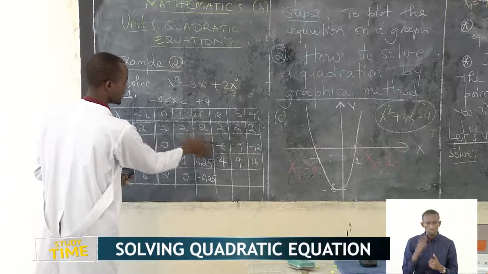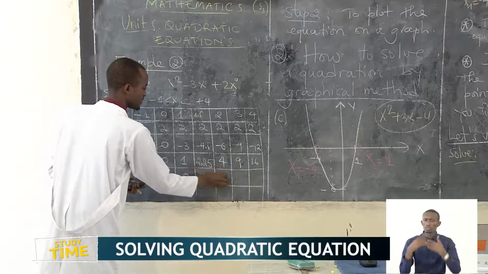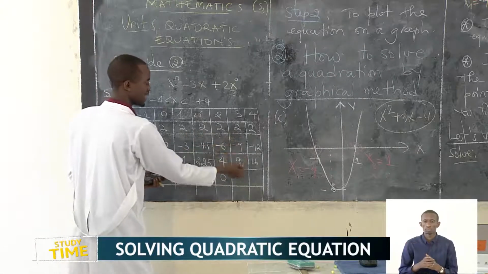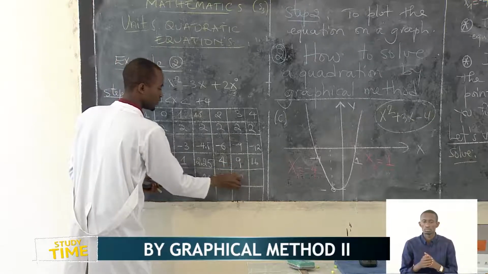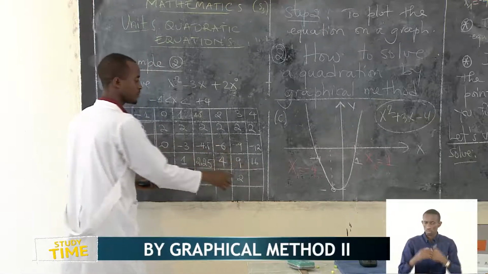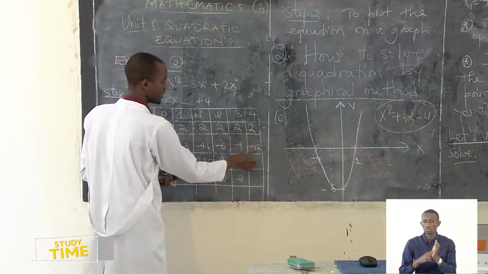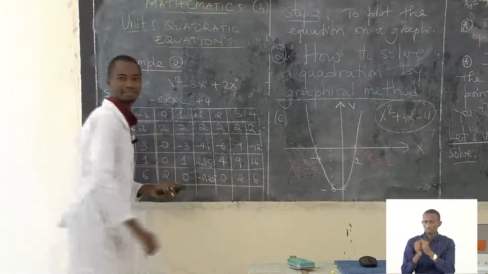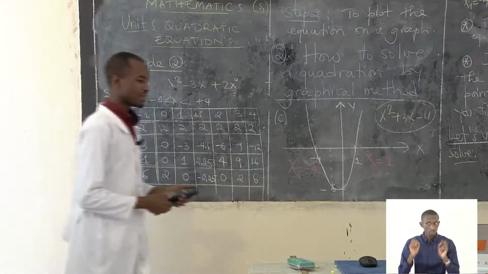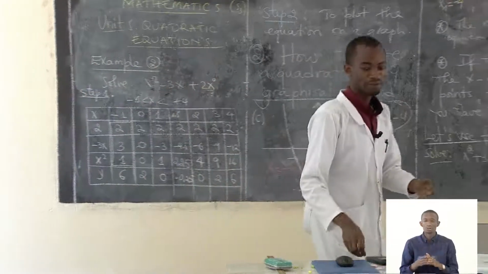This is negative 4, and this is 0. Here you have negative 7, and here you have 2, because negative 7 and 9 gives 2. Here you have negative 10, and here you have 6. Okay, students? So we've rushed to find the table of sign.